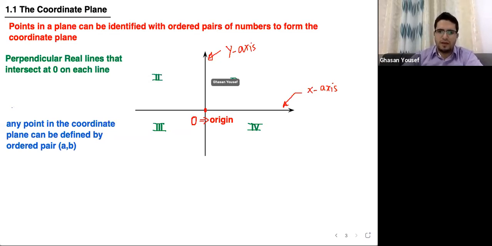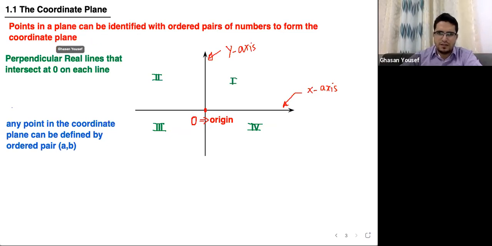We have two lines. These two lines are perpendicular real lines. They intersect at 0, or the origin. This line is called the y-axis, this is the x-axis. The two lines divide the plane into 4 quadrants: the first, second, third, and fourth quadrant.